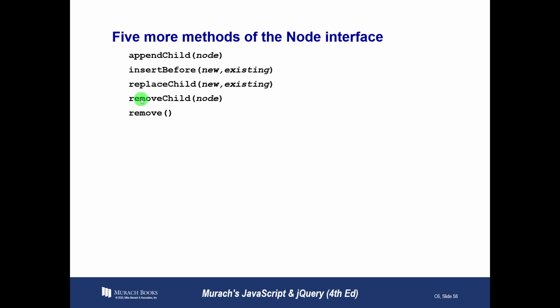We also have the ability to remove a node completely. And we also have a remove that will remove a node, or can remove itself. This one is a little bit new. Not all browsers might support it yet. I think this content is old enough that it's probably fully supported by now, but don't quote me on that.